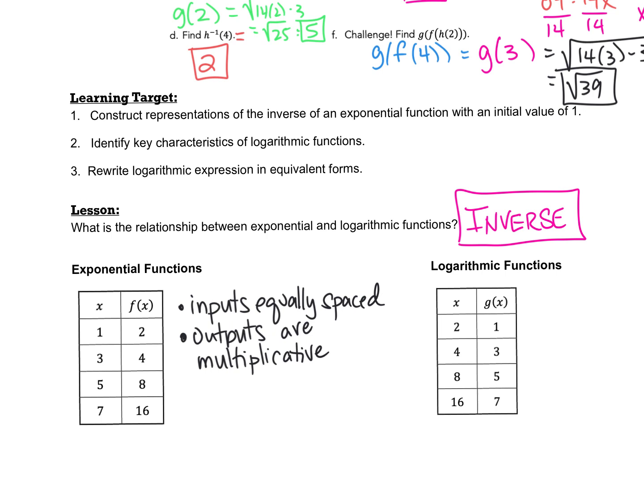Well, if exponential functions and logarithmic functions are inverses of each other, what's going to happen to their inputs and outputs? They're going to switch. And so if I'm trying to identify a logarithmic function, we're going to switch it and say their inputs are going to be multiplicative, and their outputs are equally spaced.